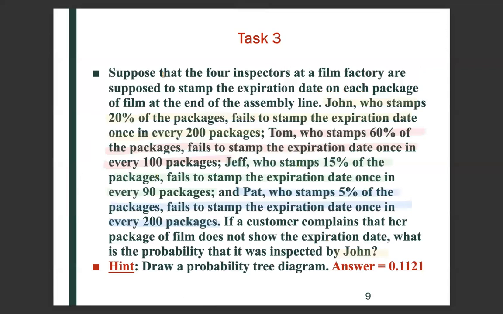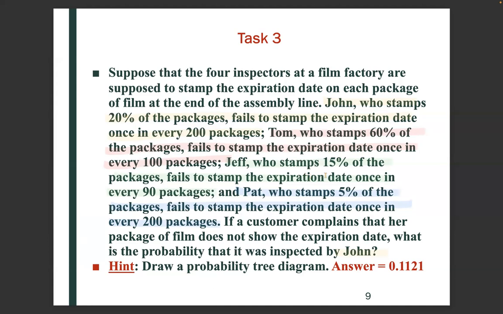Okay, task 3. Suppose that 4 inspectors at a film factory are supposed to stamp the expiration date on each package of film at the end of the assembly line. John, who stamps 20% of the packages, fails to stamp the expiration date once in every 200 packages. Tom, who stamps 60% of the packages, fails to stamp the expiration date once in every 100 packages.